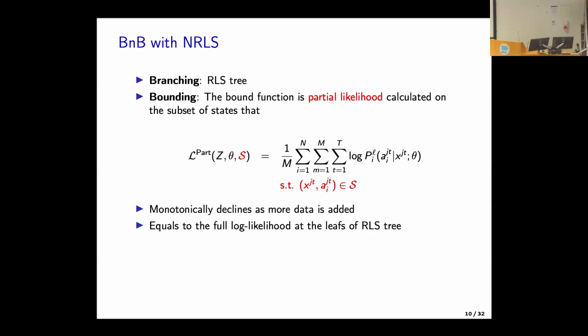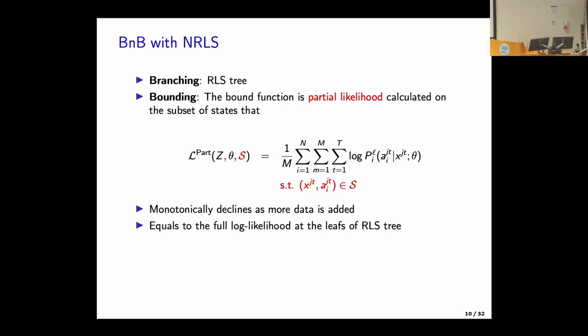As I include all of the data, as I go all the way through the tree to the last point, I'm getting exactly the likelihood that I'm trying to maximize. So I have this function that declines and is exactly equal to the objective as you go all the way through. And that's exactly what we need.